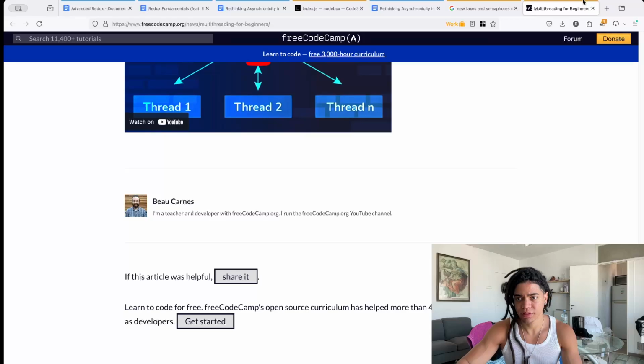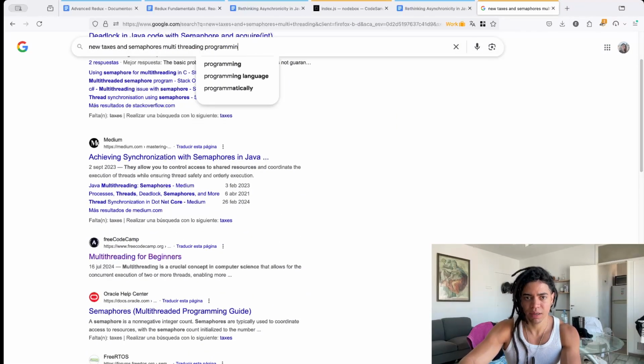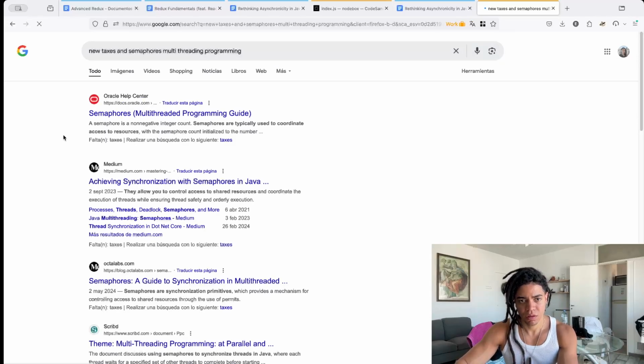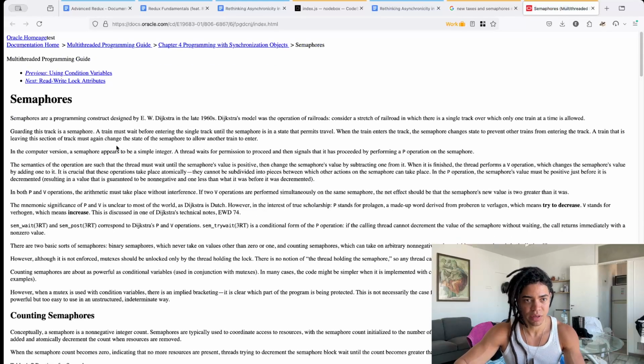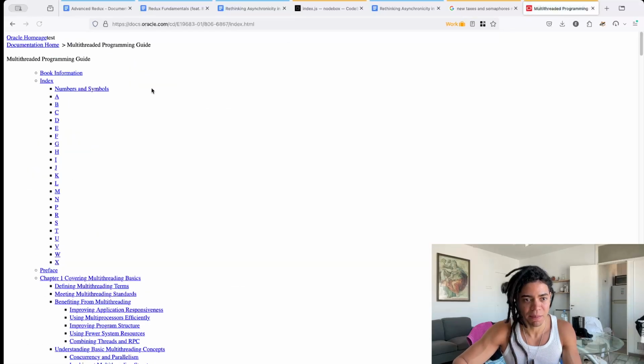No, but okay, multi-threading programming. Semaphores. Okay. Great, good, awesome for Oracle. So Oracle knows why he's shit. Programming with synchronization objects, semaphores. Chapter 4. Okay, with semaphores, read and write logs. Programming with synchronization objects in multi-threading programming.